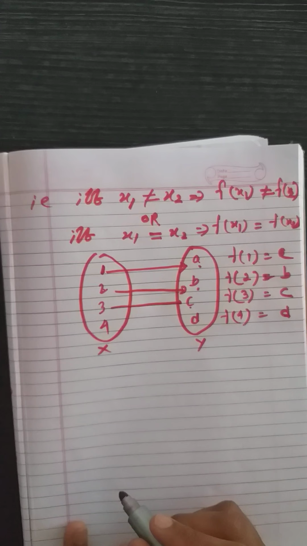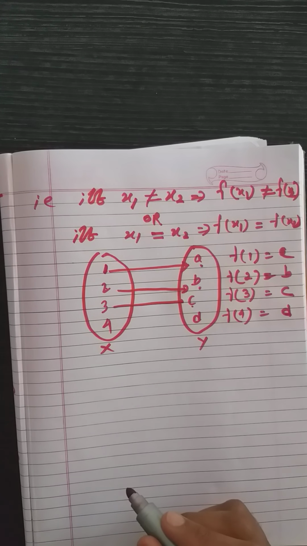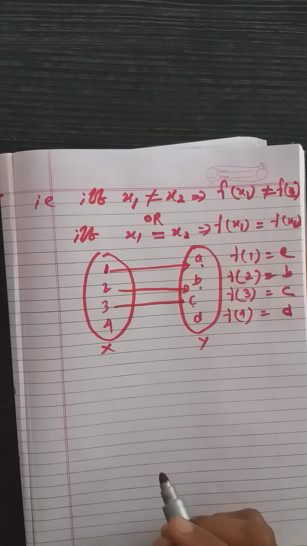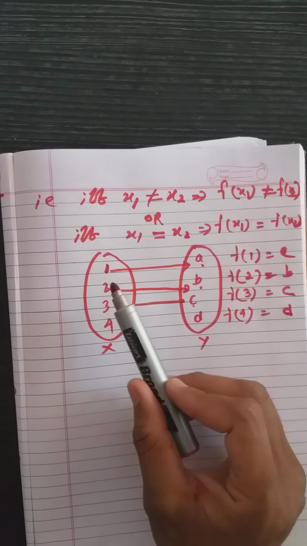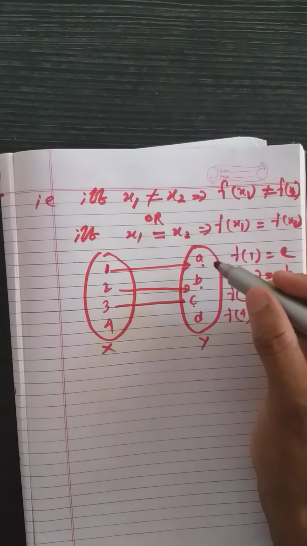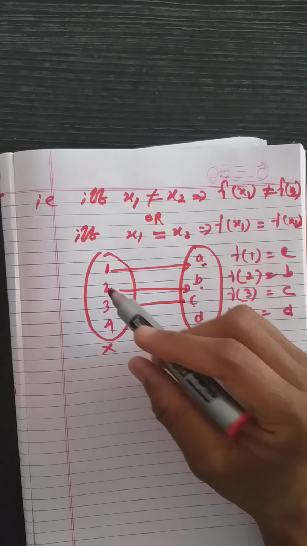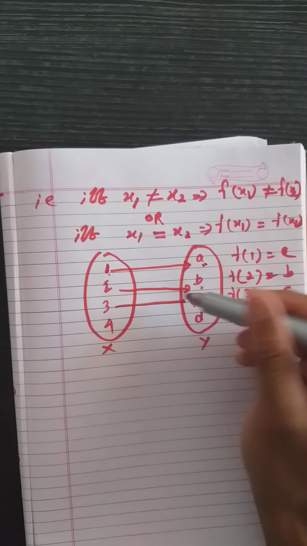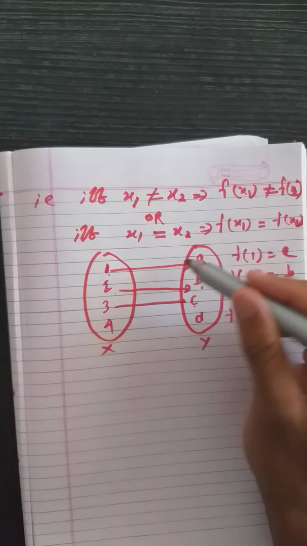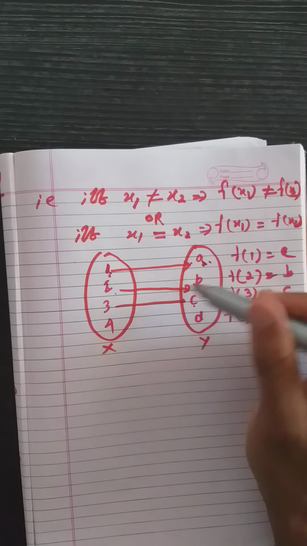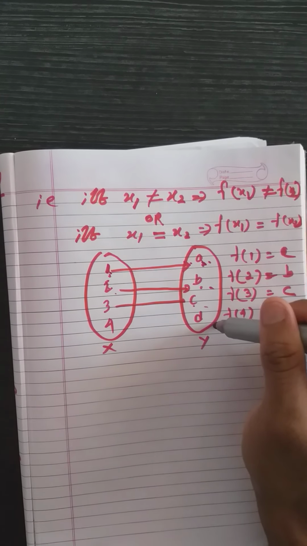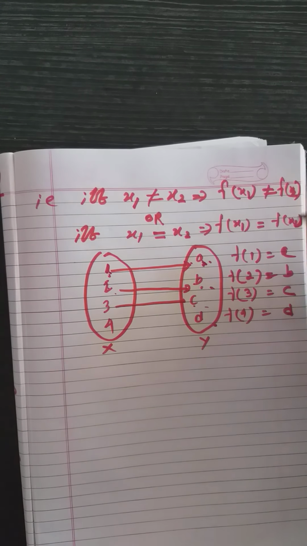This is called a one-one type of relation because each element in X has a unique image in Y. Means if the elements are different, images are different. 1 to a, 2 to b, 3 to c, 4 to d.